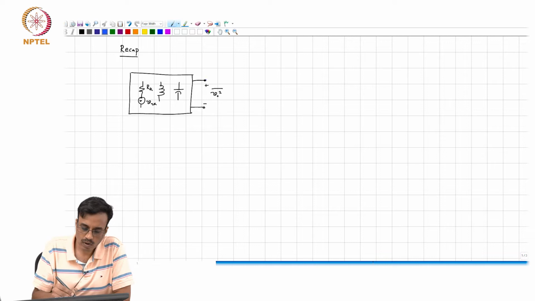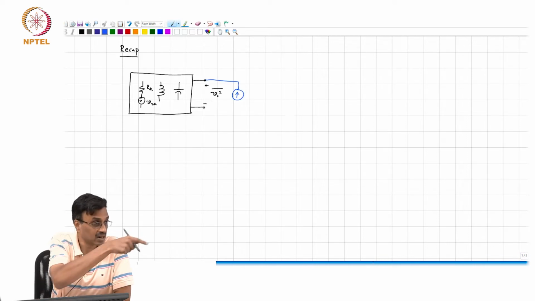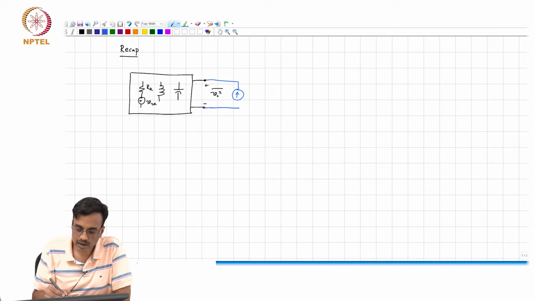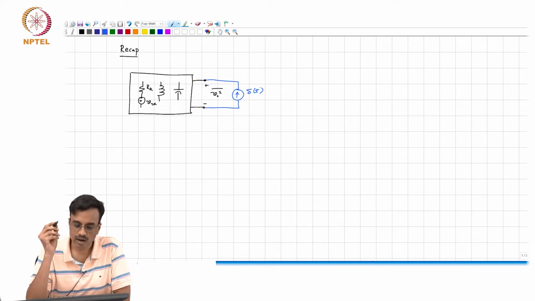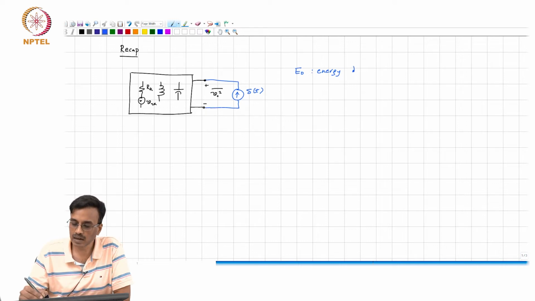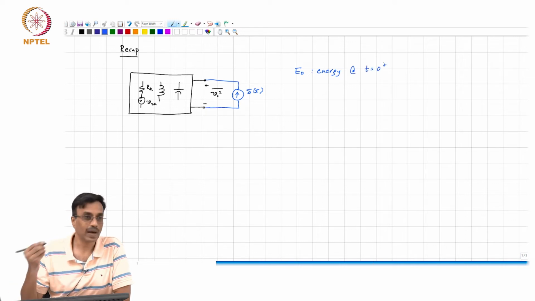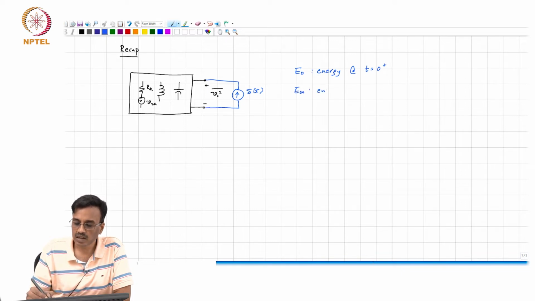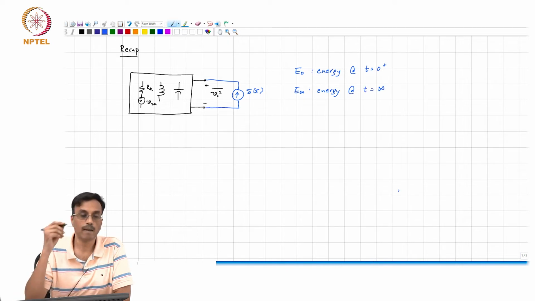The idea was the following. What you do is inject an impulse current into the network, and let E0 be the energy stored in the network at t equal to 0 plus, and E infinity be the energy at t equal to infinity.